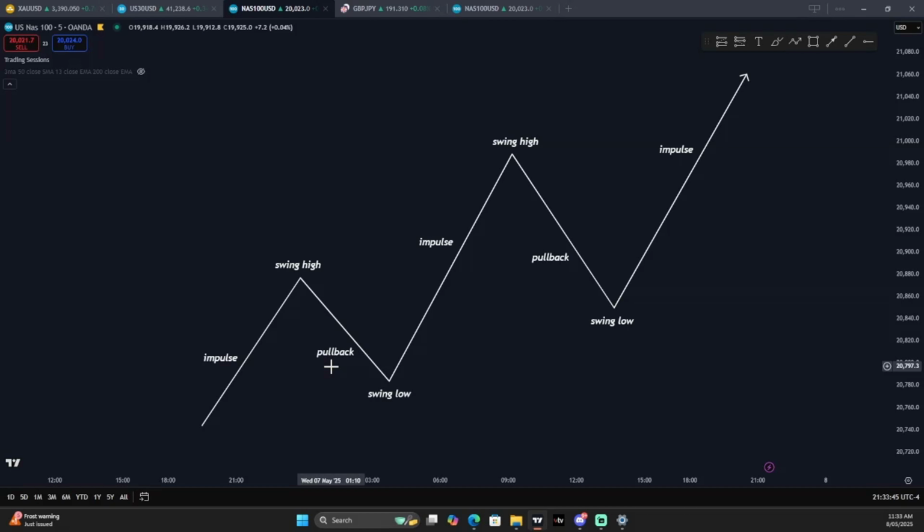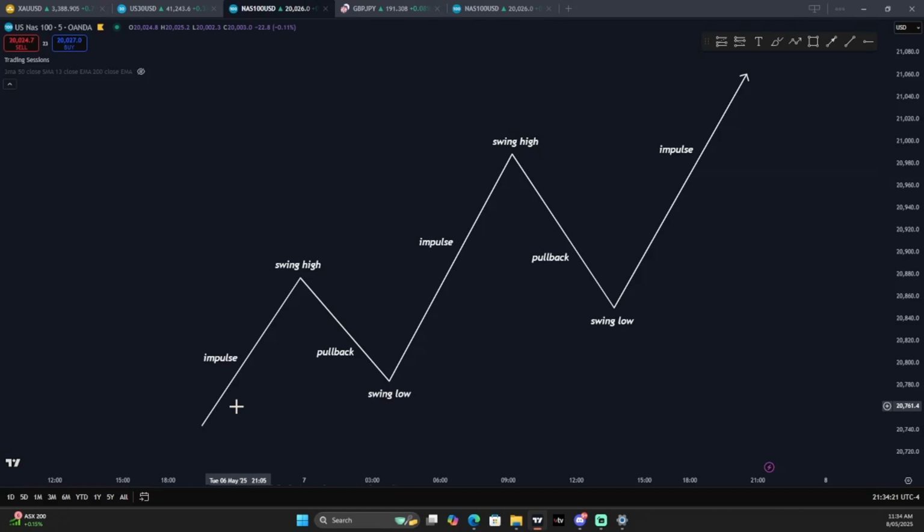Now a pullback can happen for a multitude of reasons, some of them being these buyers who entered in here may be taking some profits from the swing high. Some traders on the lower time frame may see this as a good opportunity to sell. However, nonetheless, we do have a pullback followed then by a swing low.